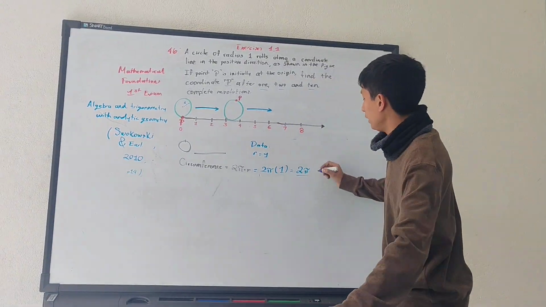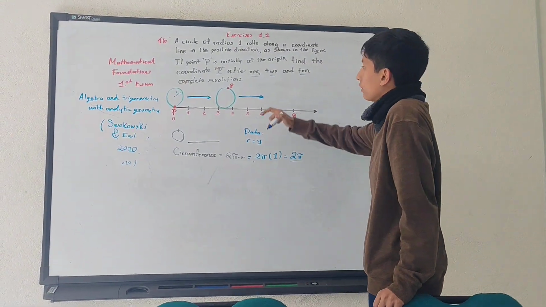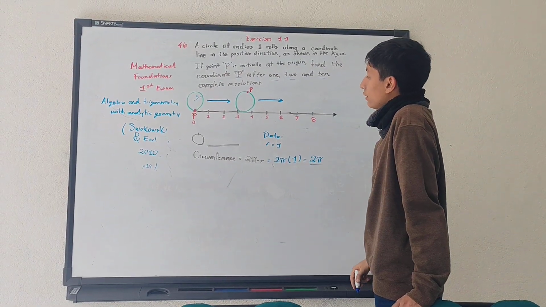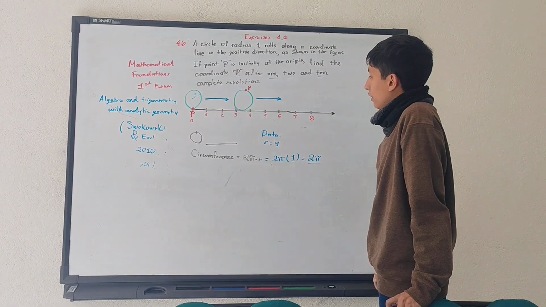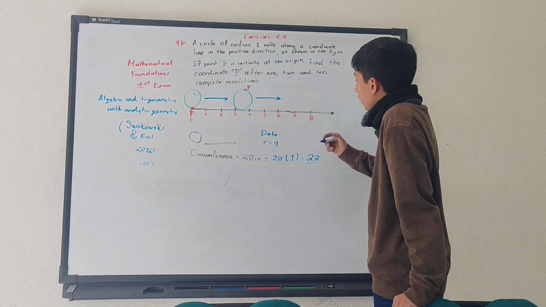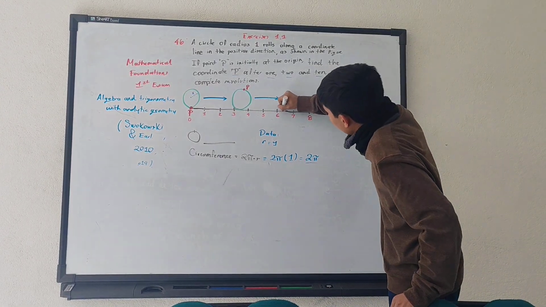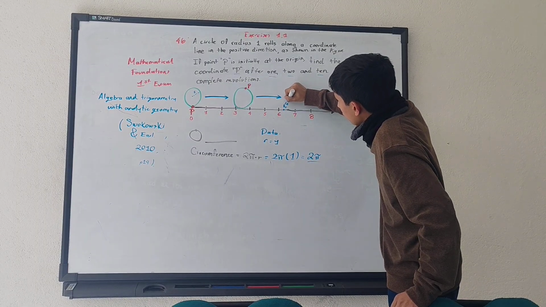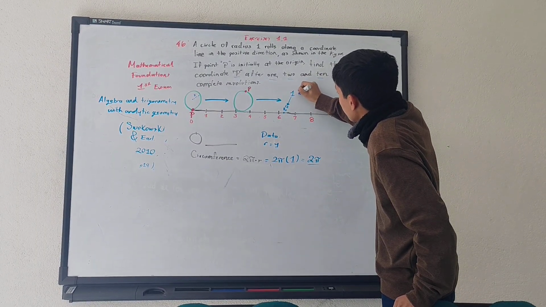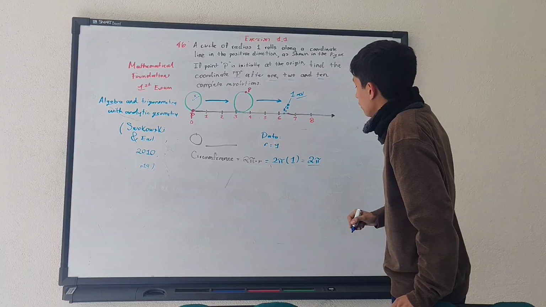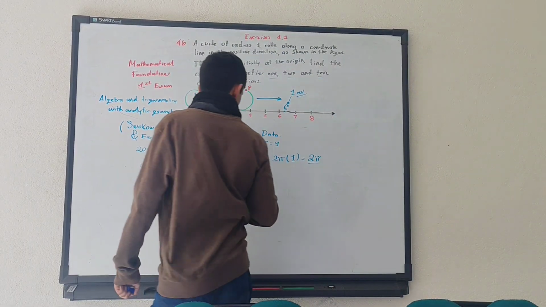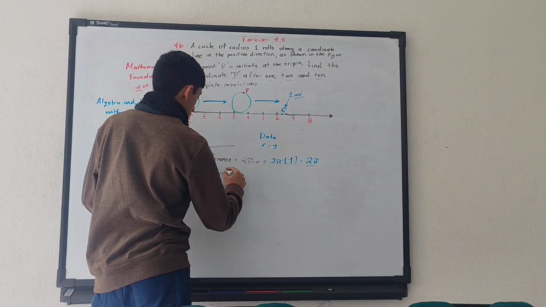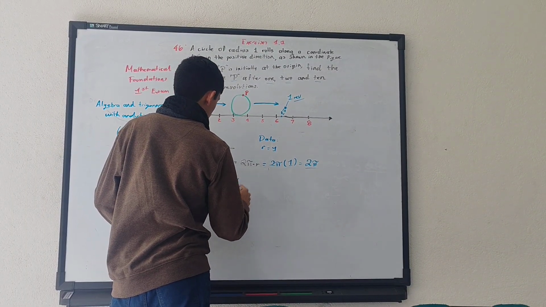So for one complete revolution, the coordinate will be 2 pi. This should be for one revolution, so 2 pi is equal to 1 revolution.